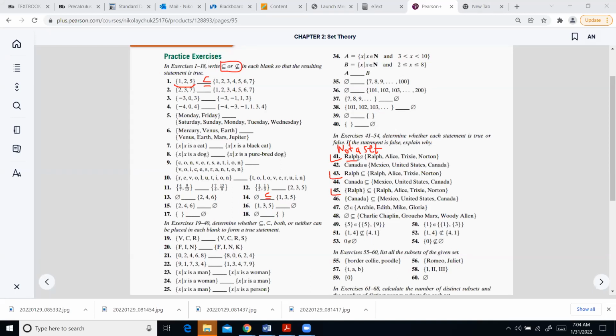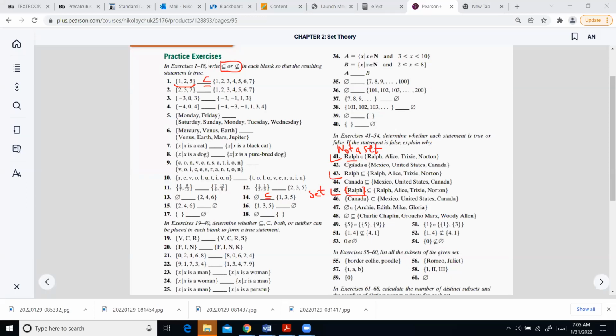And in exercise number 45, we have a set because they put that name inside the braces. So whenever you have a set, then you can start to treat it as if it was a subset. In other words, the Ralph in the braces is a subset of this larger set.